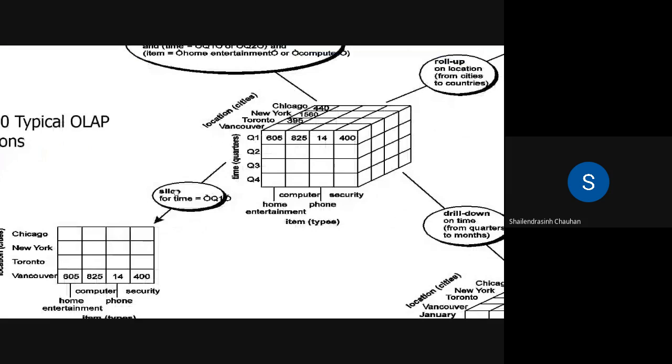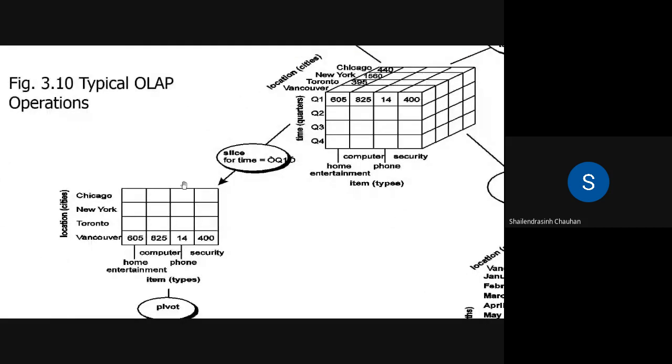As you can see, you have this slice from the cube. You have home entertainment, computer, phone, security, and Vancouver, Toronto, New York, Chicago, with respect to the first quarter Q1, so we get the data 605, 825, 14, 400.